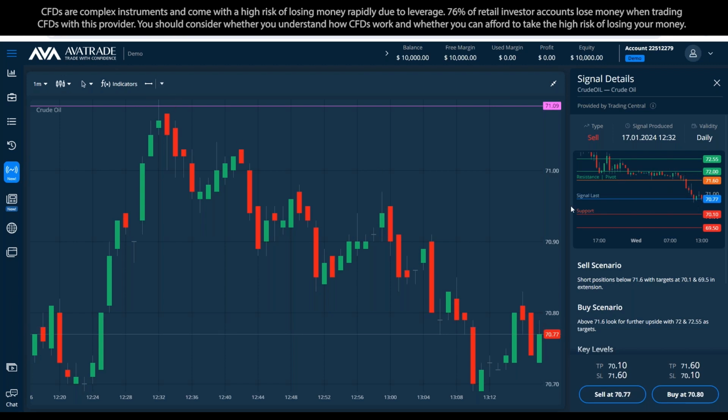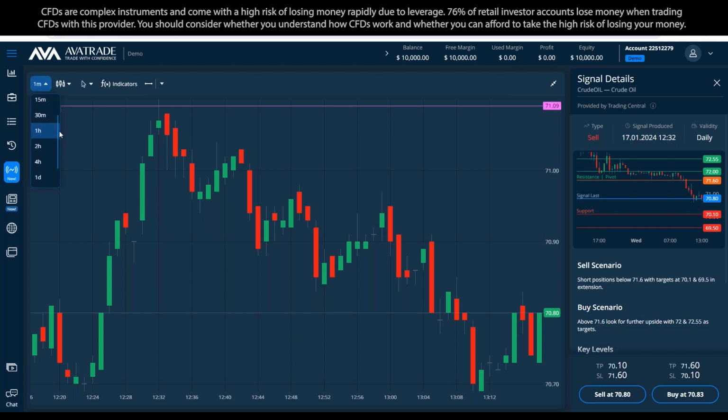The problem, guys, is that this one is daily. So each and every candle here is a daily candle, right? So in this picture, I'm looking at minutes. When I click here on the top left-hand corner, I see time frames.